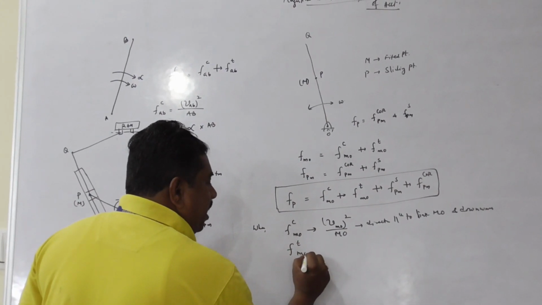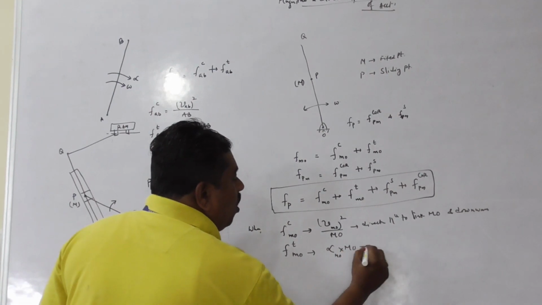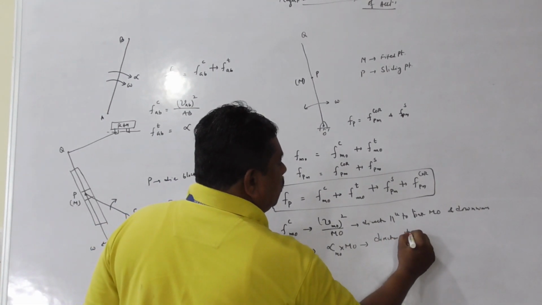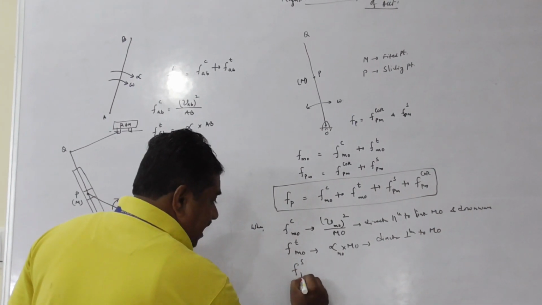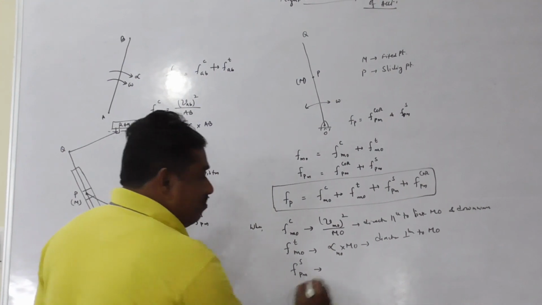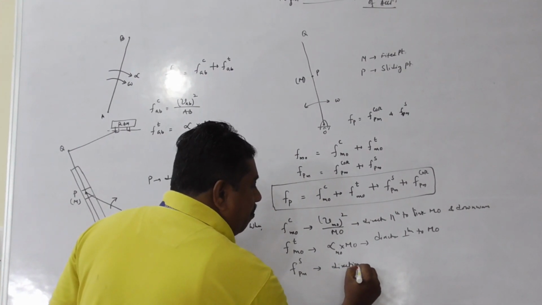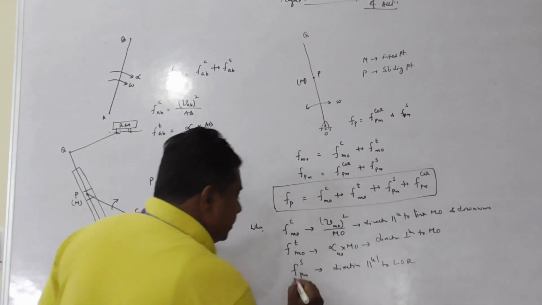The tangential component of M relative to O is alpha of MO into MO, whose direction is perpendicular to MO. The sliding component of P relative to M has direction parallel to the line of reciprocation.